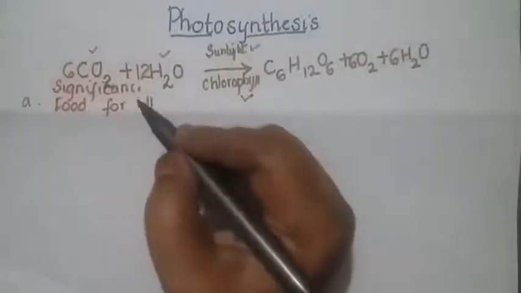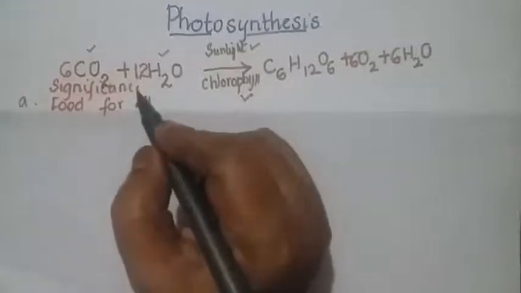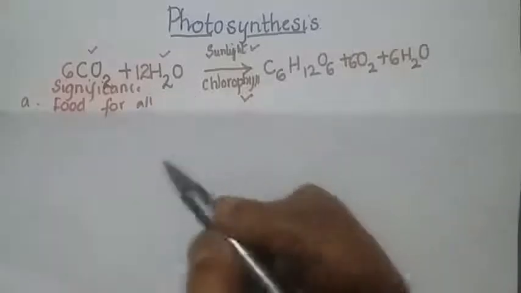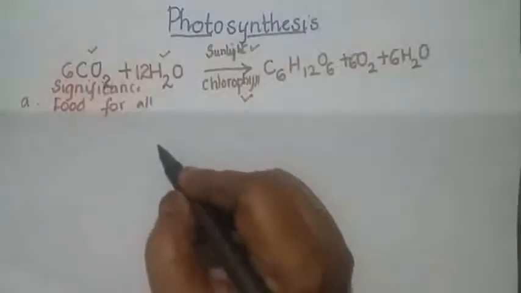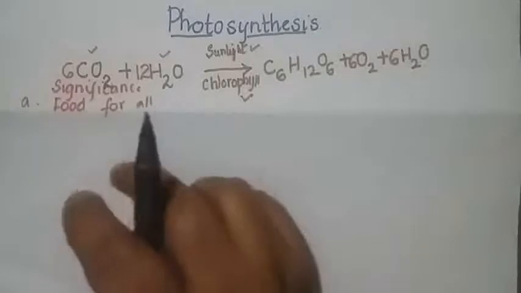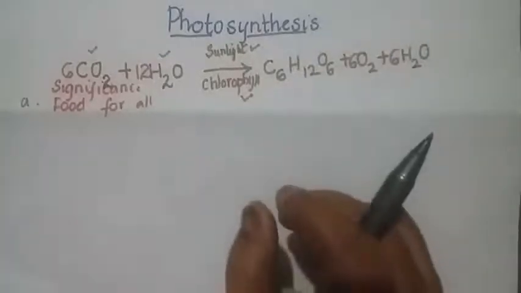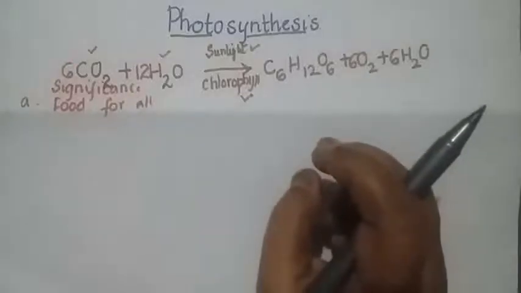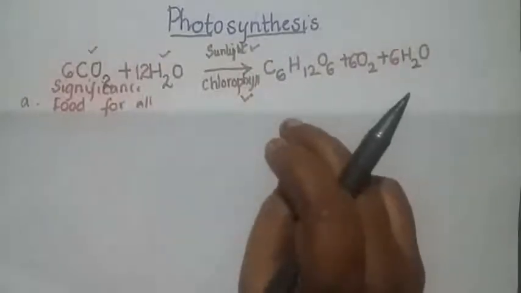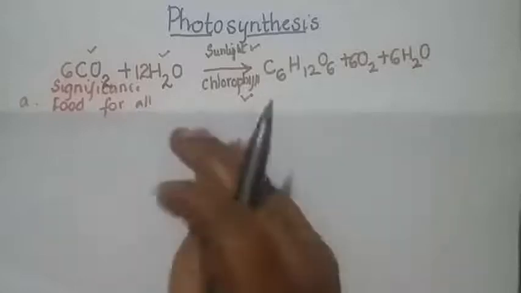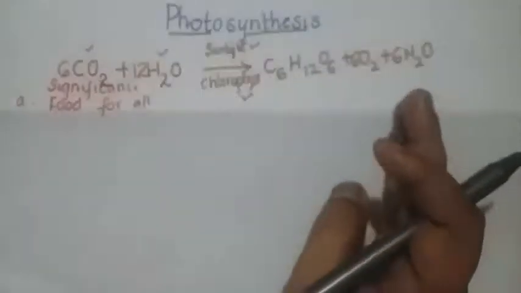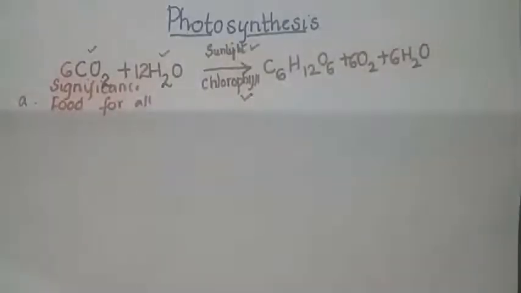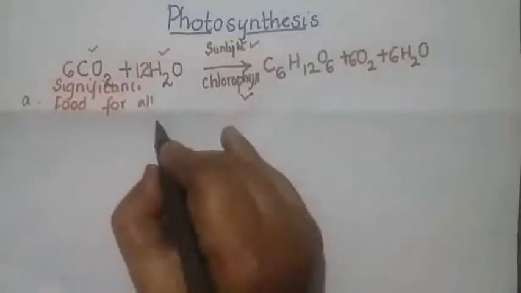Now let us consider one of the food chains. There are a number of food chains. What do you mean by food chain? You can say that it is a series of organisms represented in a particular chain where food is transferred from one organism to the other. Now let us take an example of one particular food chain.